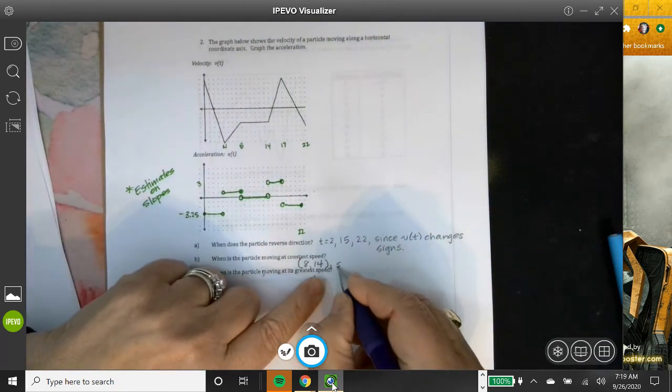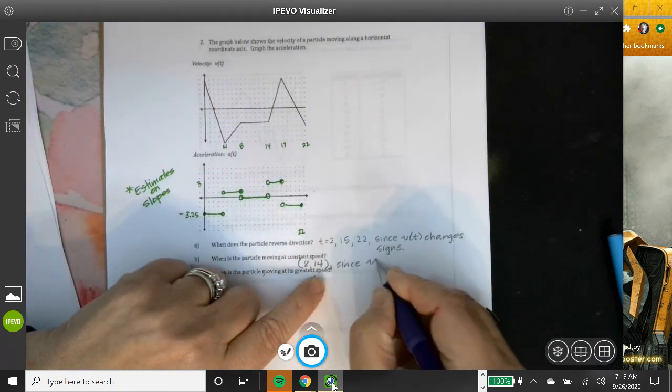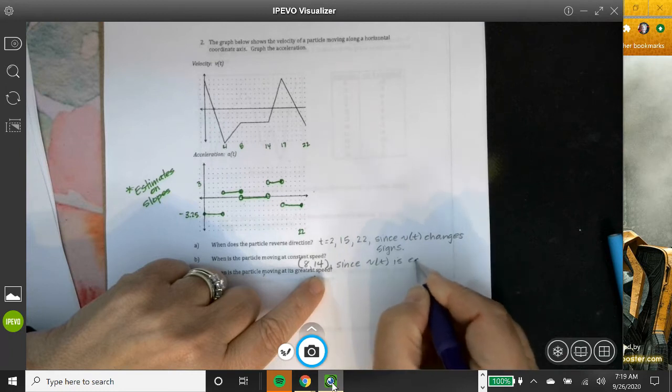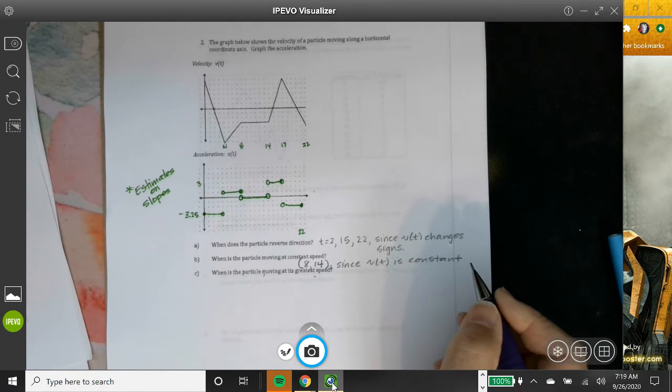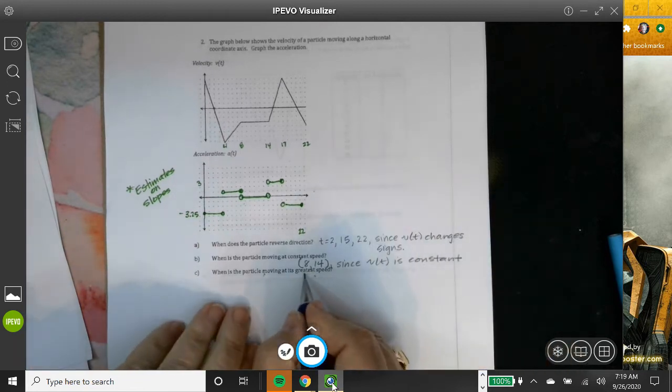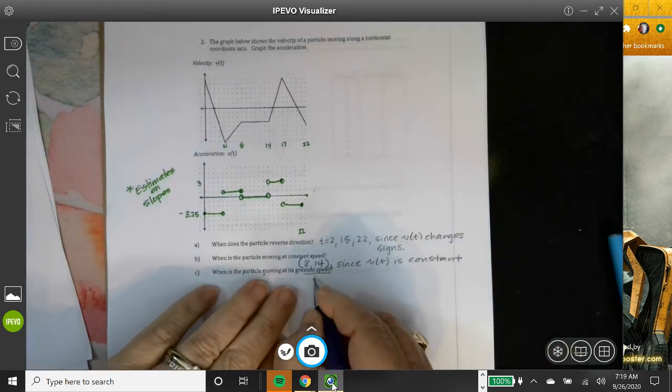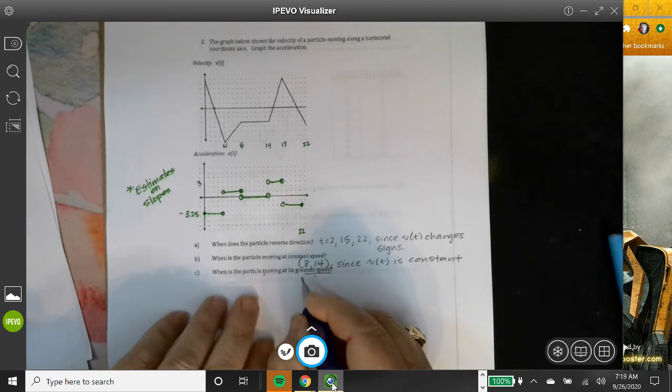Okay. And this would be since v of t is constant over that interval. When is the particle moving at its greatest speed? That means when is it moving the fastest? Well, now remember, speed is the magnitude of velocity, right?